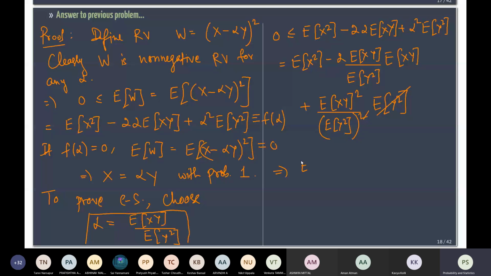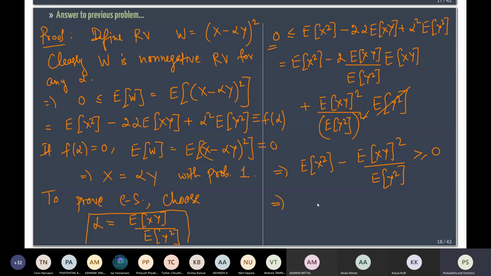So this is expectation of x square minus 2 expectation of xy whole square divided by expectation of y square, plus expectation of xy whole square divided by expectation of y square, which leaves minus expectation of xy whole square by expectation of y square. So this is greater than or equal to 0, and this follows from here.